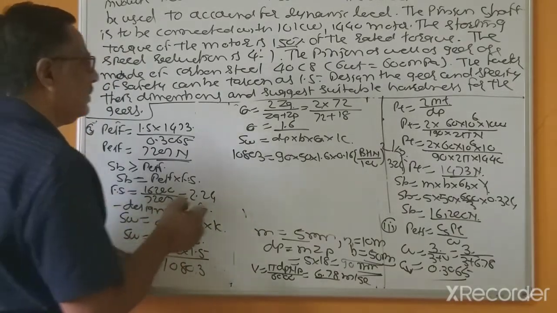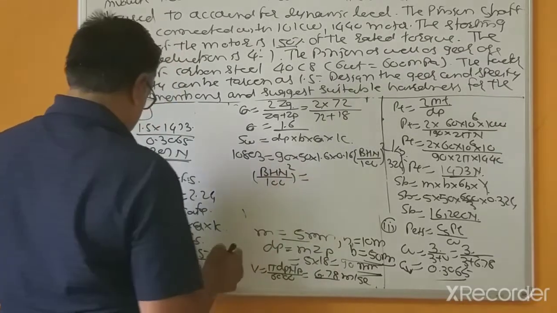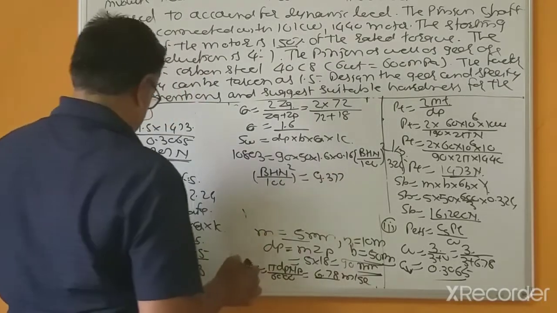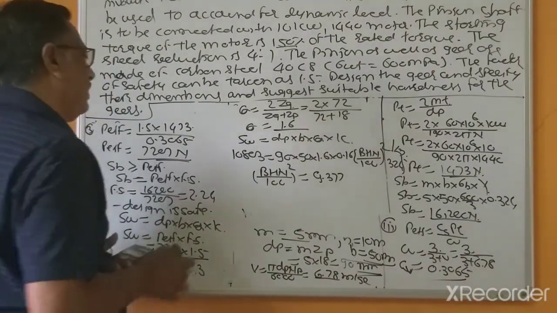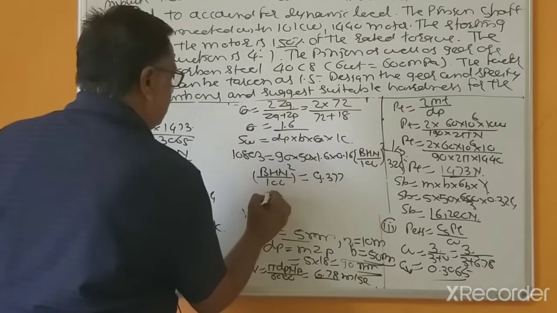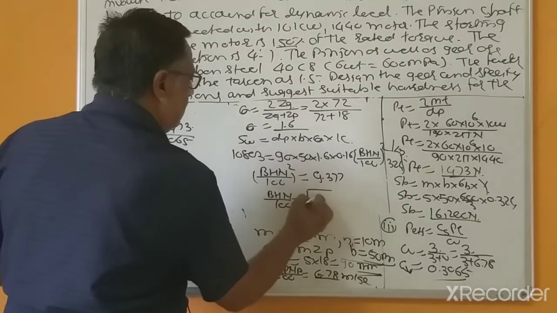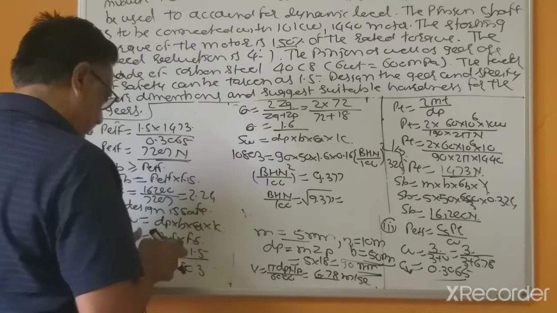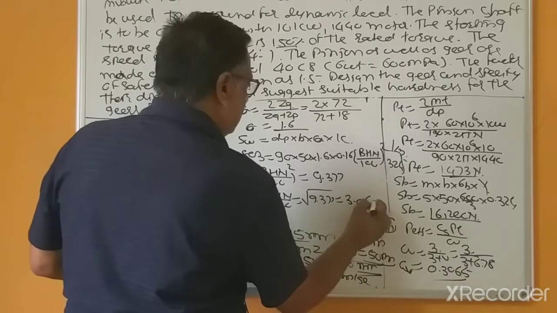This is equal to (BHN/100) squared equals 9.377. So by taking the square root, BHN divided by 100 equals 3.062.